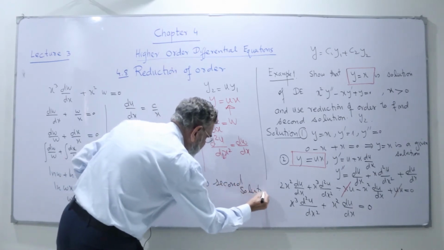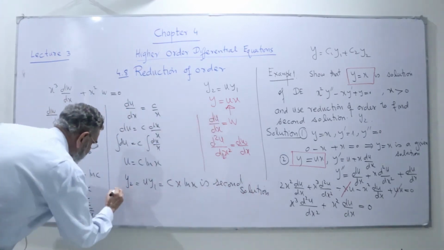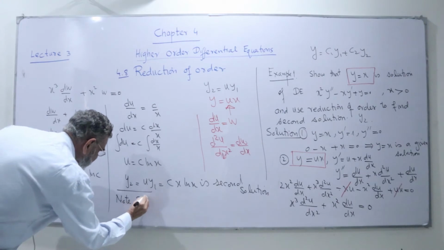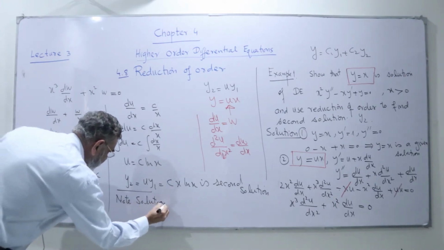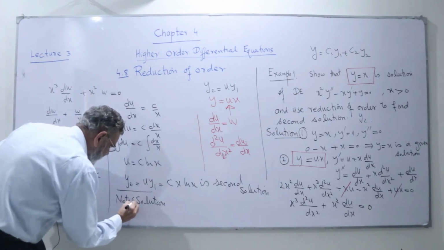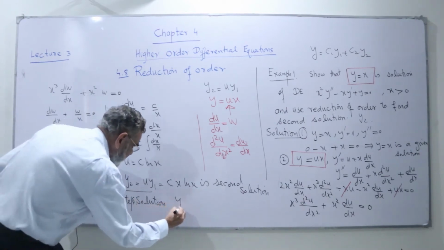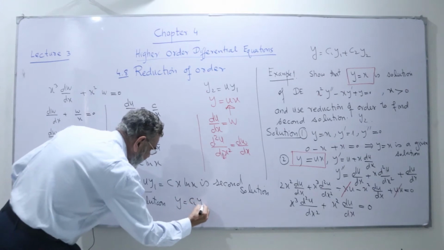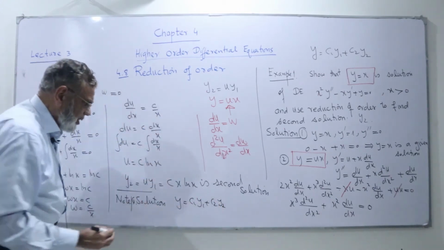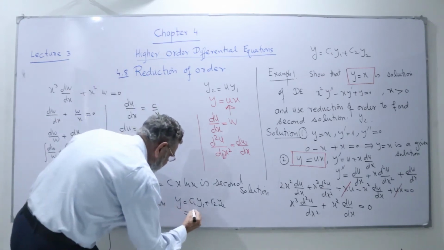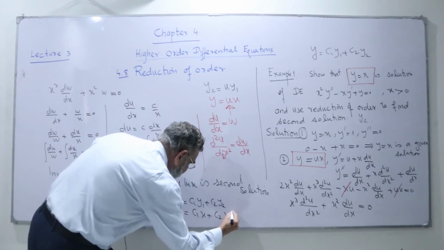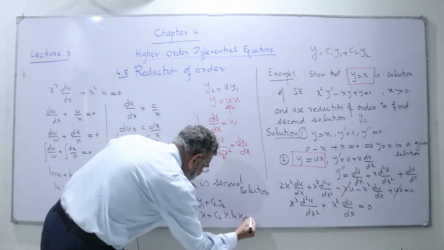Now I can write my general solution: y is equal to c1 y1 plus c2 y2. Because I'm dropping the constant, I get c1 times y1, which is x, plus c2 times y2, which is x ln of x, and that's my solution.